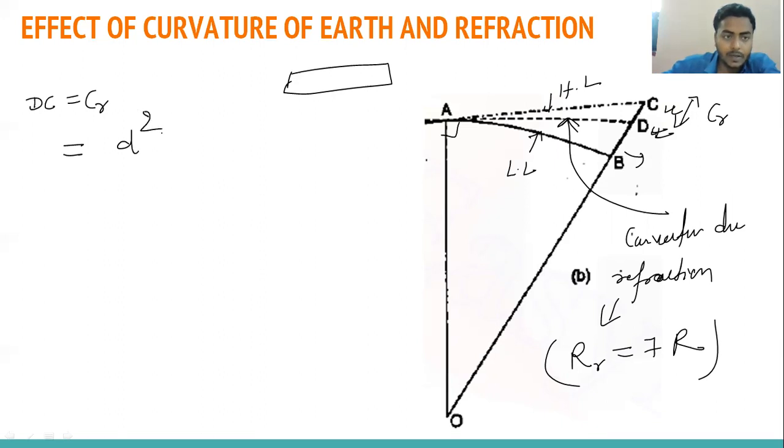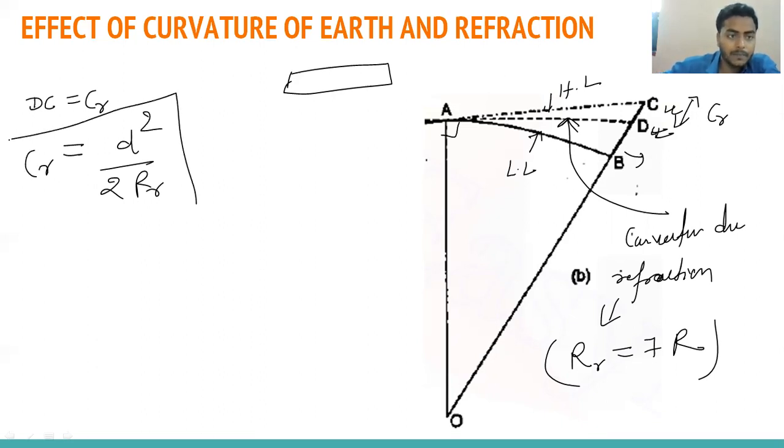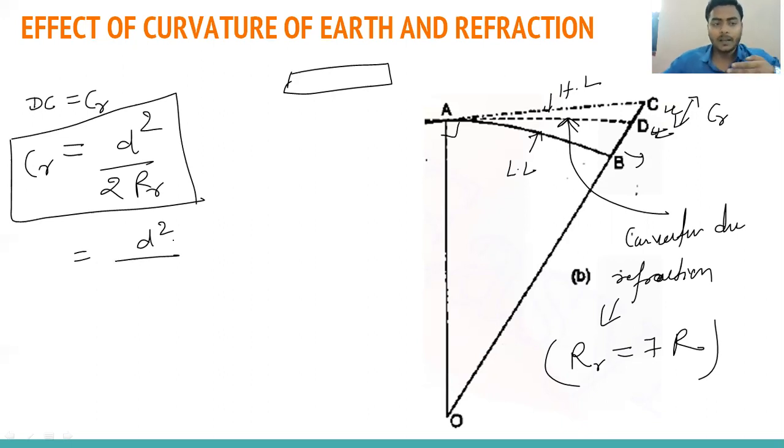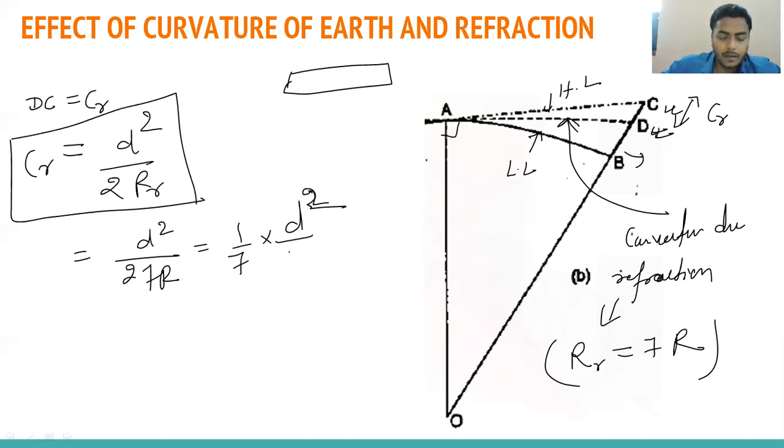You will get D square divided by 2RR. RR means not the radius of Earth. RR is the radius of curvature that is formed by refraction. Now put this relation, that the radius of curvature formed by refraction is 7 times the radius of Earth, and we can write D square divided by 2R. Can you see? Okay. So this is called CR.